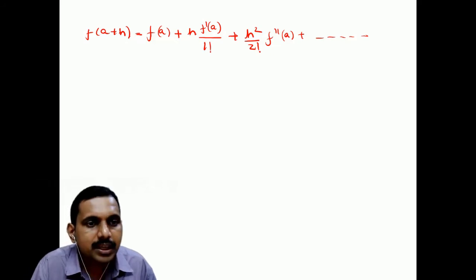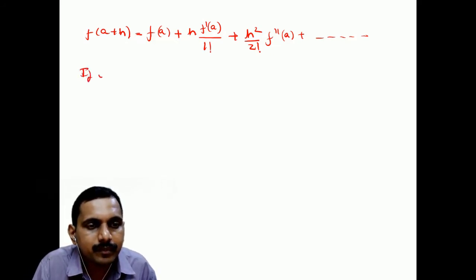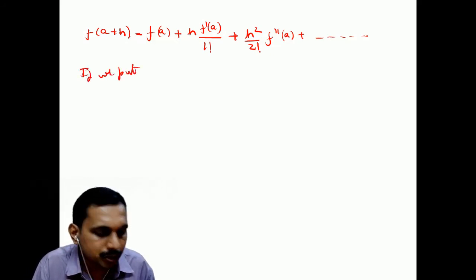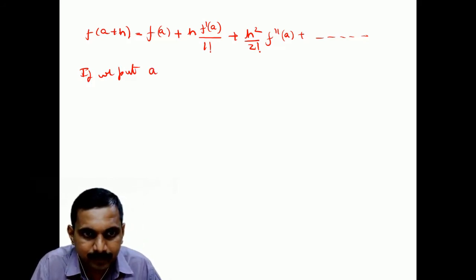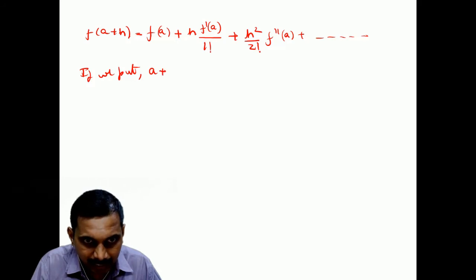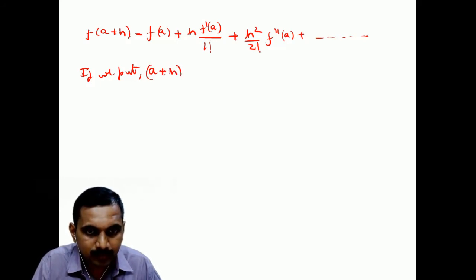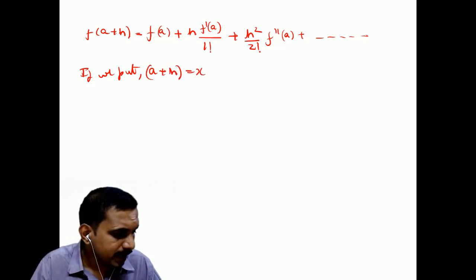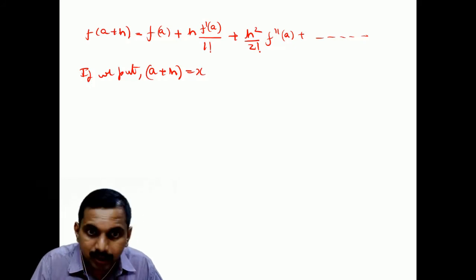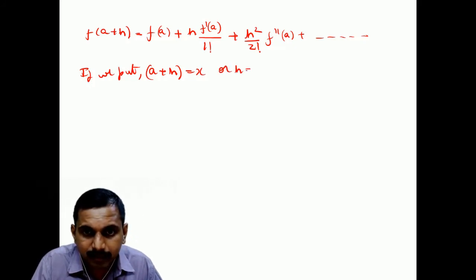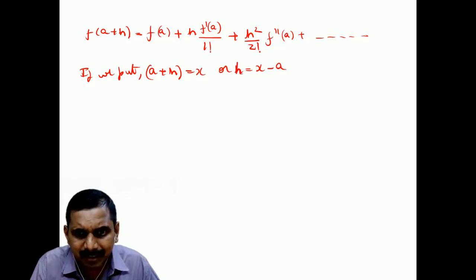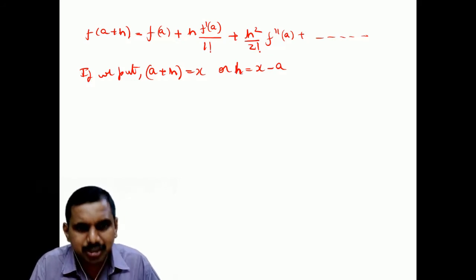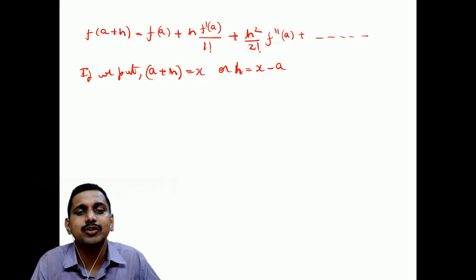Now here if we put a plus h is equal to x, or h is equal to x minus a, x can be any value, right? A plus h is equal to x or h is equal to x minus a.